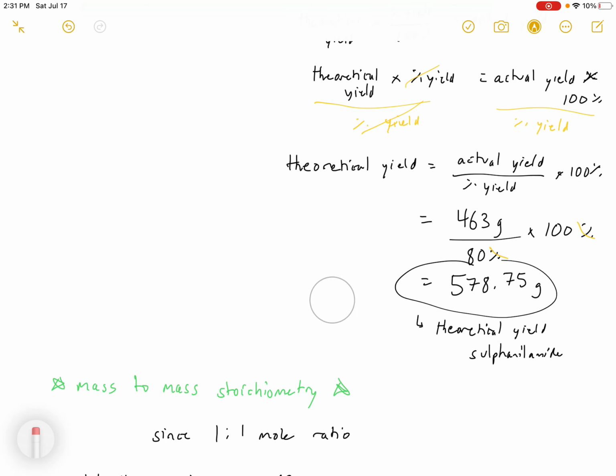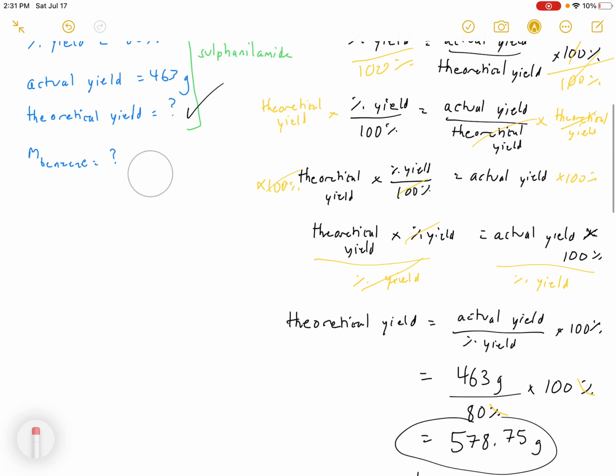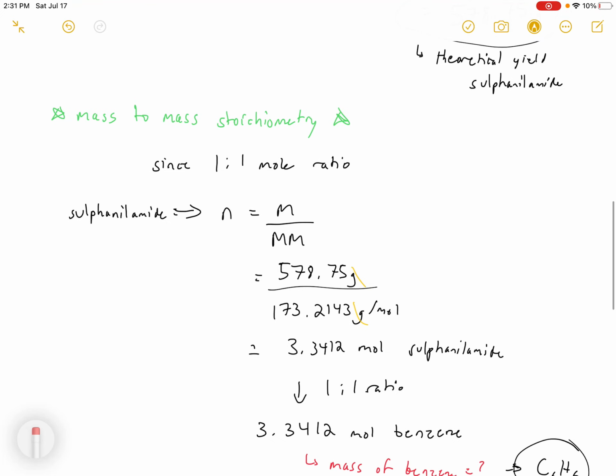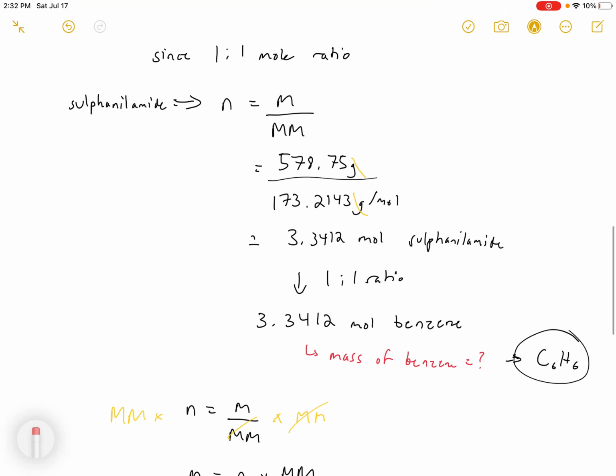Then once we had a mass of sulfanilamide, we knew because we made a data list that we wanted a mass of benzene. And because we had a mass and we wanted a mass and we remembered that a mole ratio was given, that allowed us to think, oh right, stoichiometry. If I have a mass and I want a mass, what have I seen before that's similar to that? And then we would think, right, mass-to-mass stoichiometry.